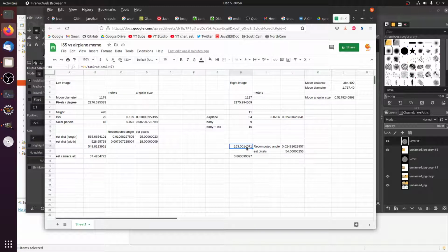From that, I estimated how far the airplane would have been from the photographer if it was flying at, let's say, 11 kilometers high.